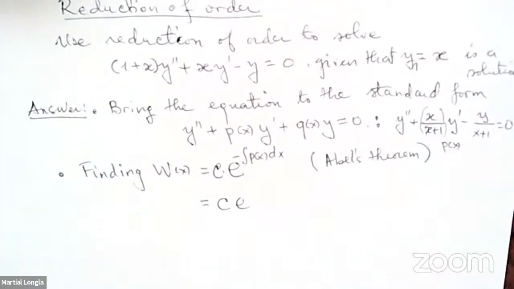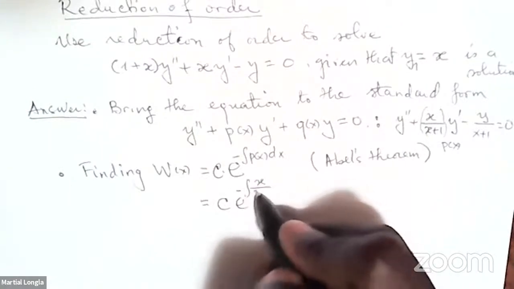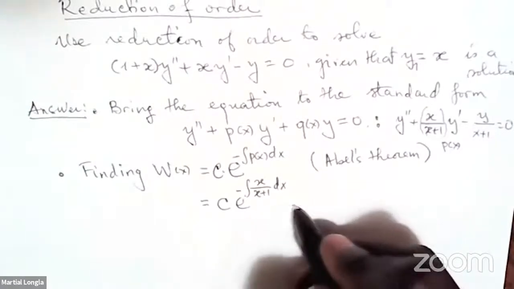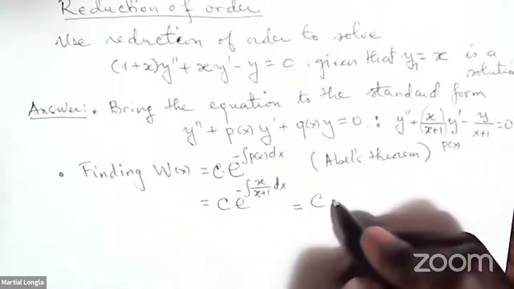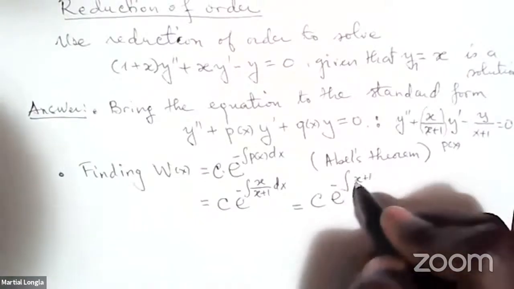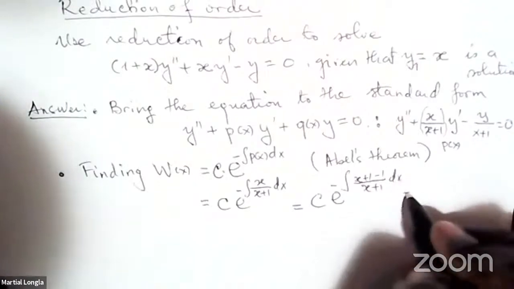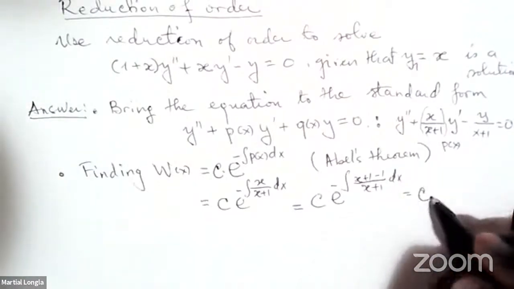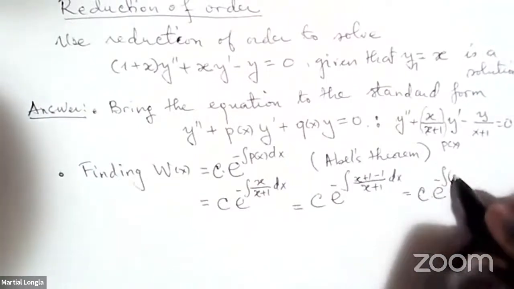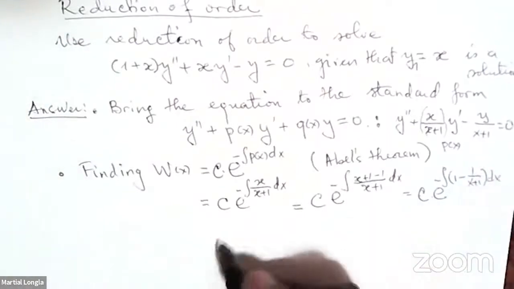So that's e to the negative integral of x over x plus 1 dx. And this is c e to the negative integral of x plus 1 minus 1 over x plus 1 dx. So c e to the negative integral of 1 minus 1 over x plus 1 dx.